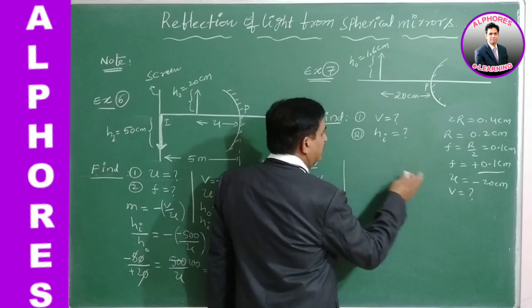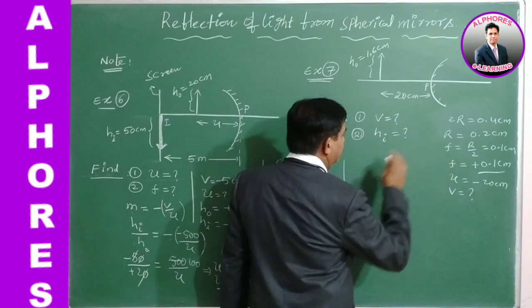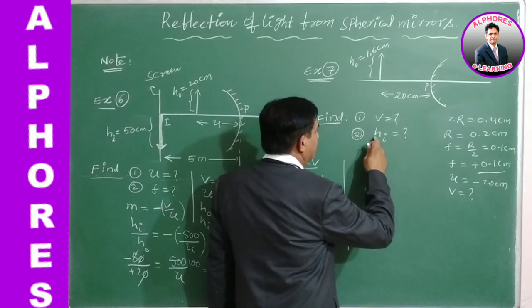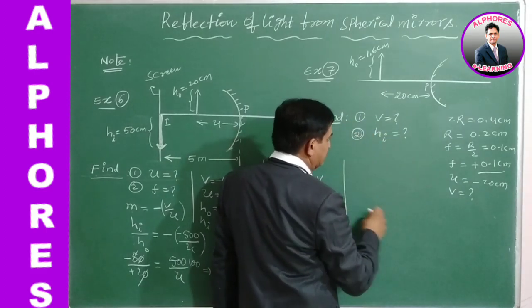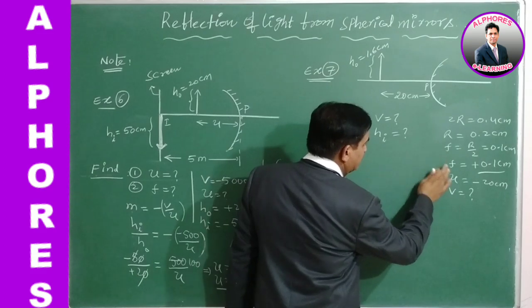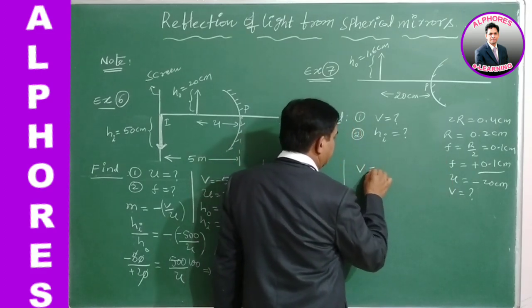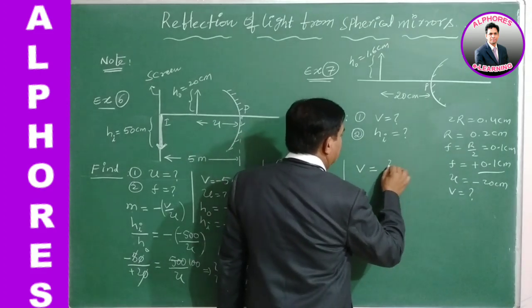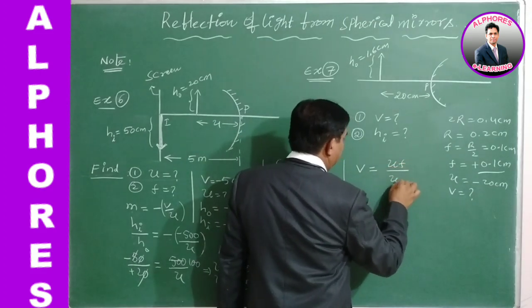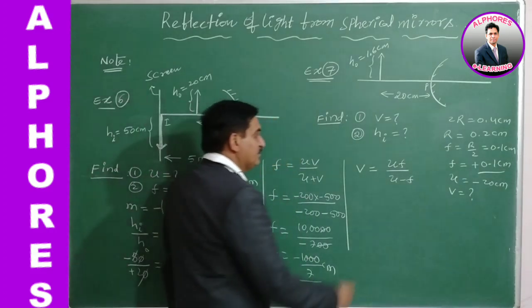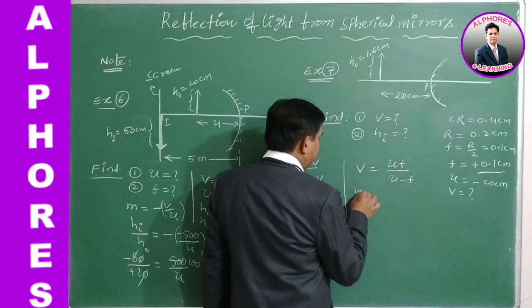So this is V, U is given, F is given, the object height is given, and the image height is to be calculated. The focal length is known and the object distance is known, so finally we can use a very simple formula, UF by U minus F.